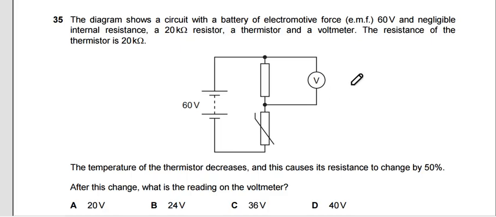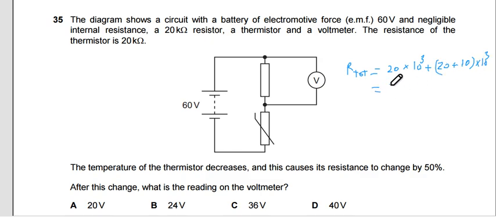Okay, so we have R total in the circuit equal to the resistance of the fixed resistor, which is 20 kilo ohm, plus that of the thermistor. It was 20 kilo ohm, but it is changed by 50%. As temperature decreases, resistance of the thermistor increases, so it is 30 kilo ohm.